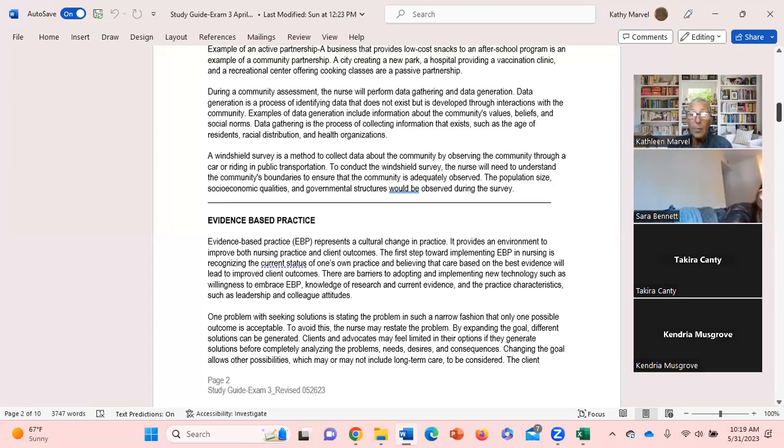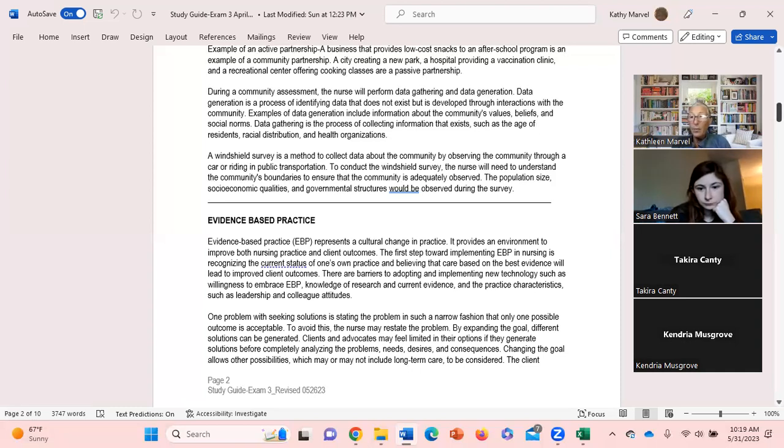I'm sorry, I said that backwards. Data generation, you're generating information. So you're talking to people in the community, but with data gathering, the information already exists. All right, from census, maybe census information, population size, socioeconomic qualities. Okay, so understand the difference between the two of them.